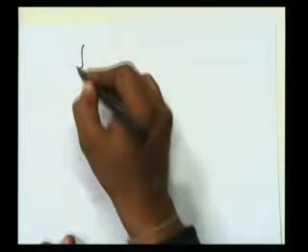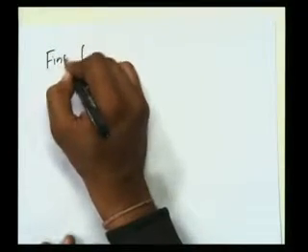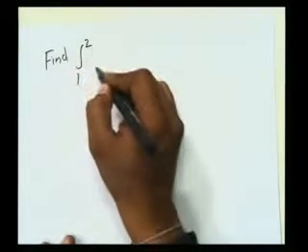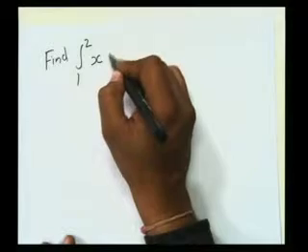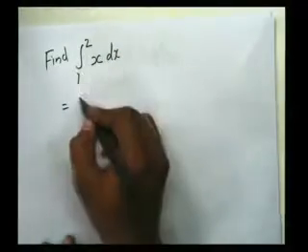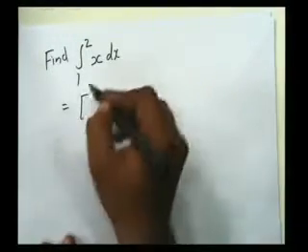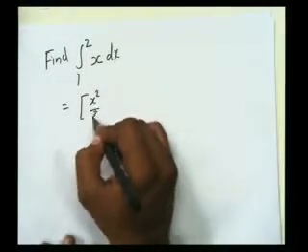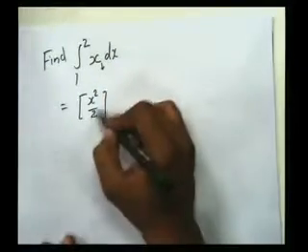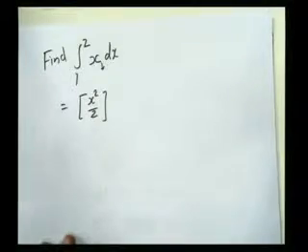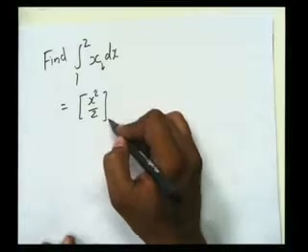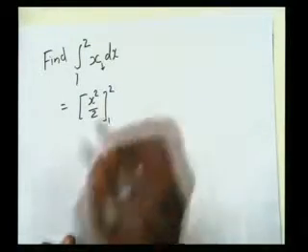Find the integration 1 to 2 x dx. The integration of x is x square by 2, or this x is the derivative of x square by 2. Evaluate this x square by 2 for the limit 1 to 2.